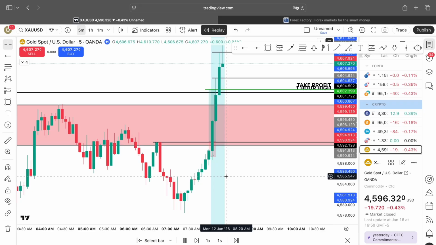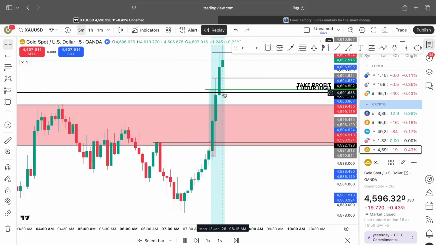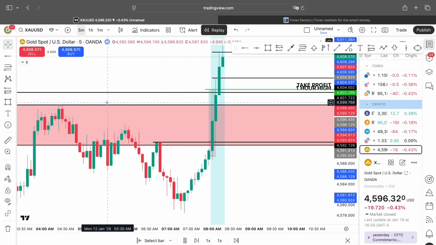But look at how long that takes. You'll miss the whole move when price is pulling back and retesting within a bullish phase up. You get what I'm saying? You can't always wait for the best possible scenario. Sometimes you got to put yourself out there. That's why we're only risking 1 to 5% of our account at any given time, and we're trying to take that 1% and triple or quadruple that amount.